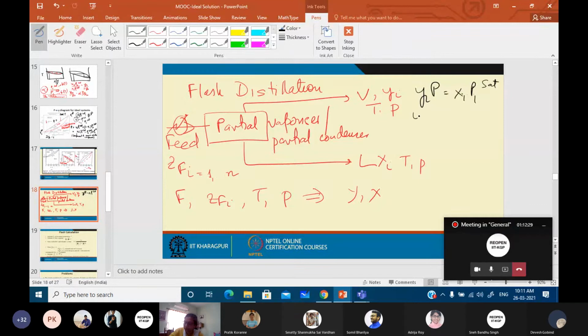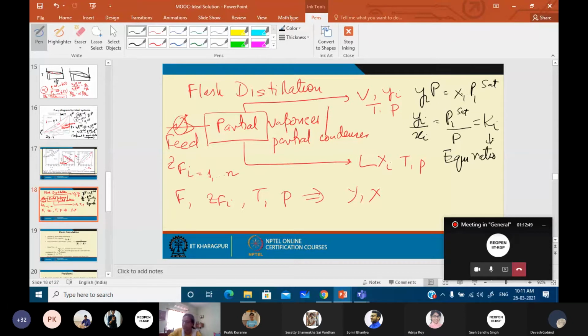So therefore from here, what is Yi by Xi? This is nothing but Pi saturated by P. Now this particular ratio, this is often called the Ki, which is nothing but the equilibrium ratio.